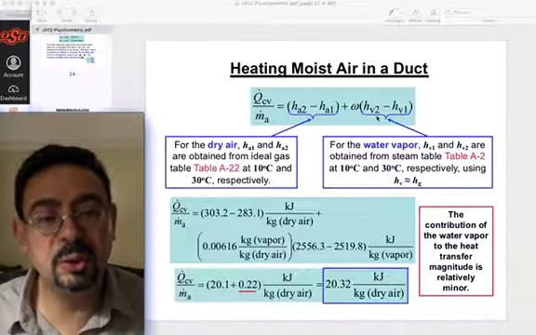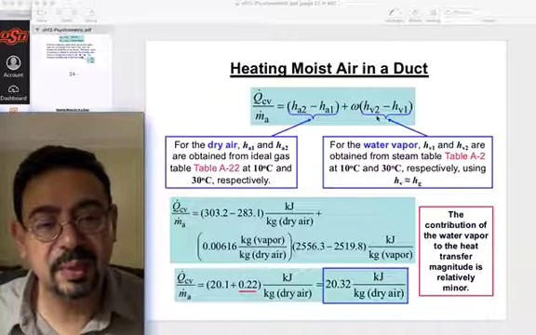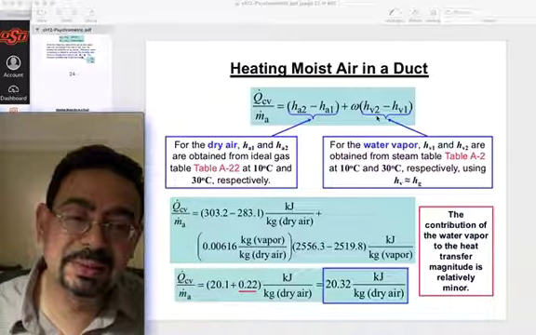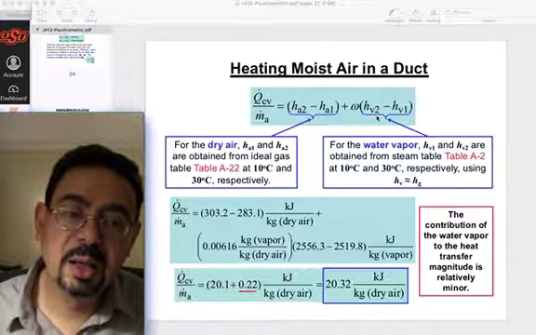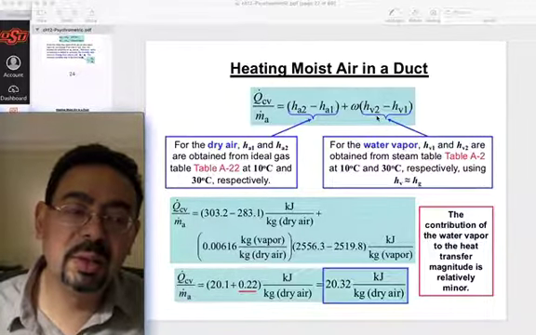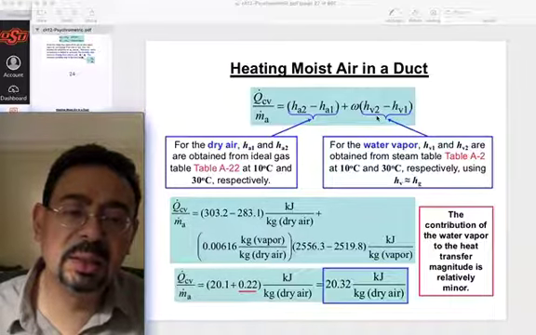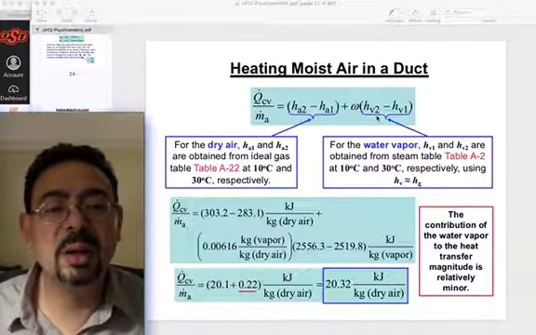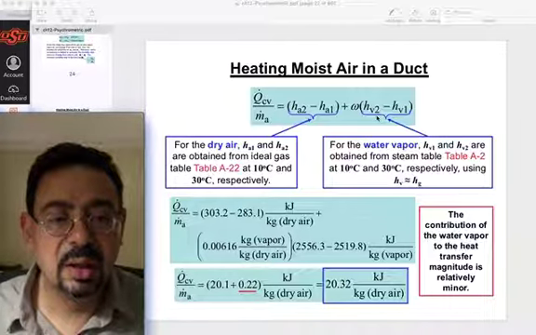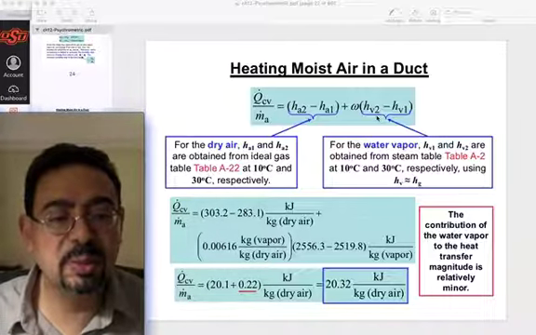Why do we know? Because we know phi. Now at the exit, do we know the vapor pressure? You would think, well, shouldn't it be the same? Well, the partial pressure is the same, right? So the vapor pressure would be the same.